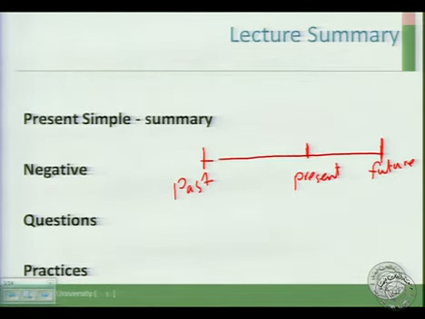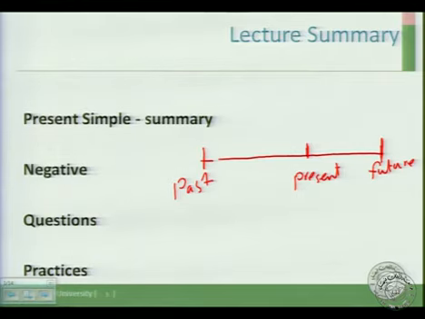because we usually have these activities as habits or as daily activities, or because they are facts that we cannot change. And if you remember the examples that I gave you last time, you will see what I mean. So you know the timeline.